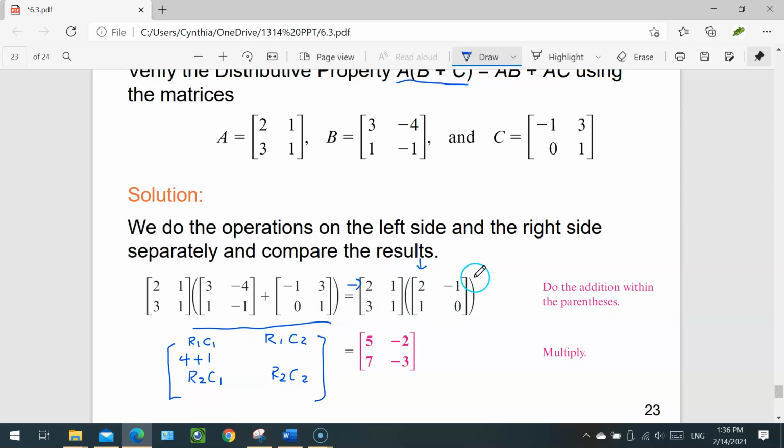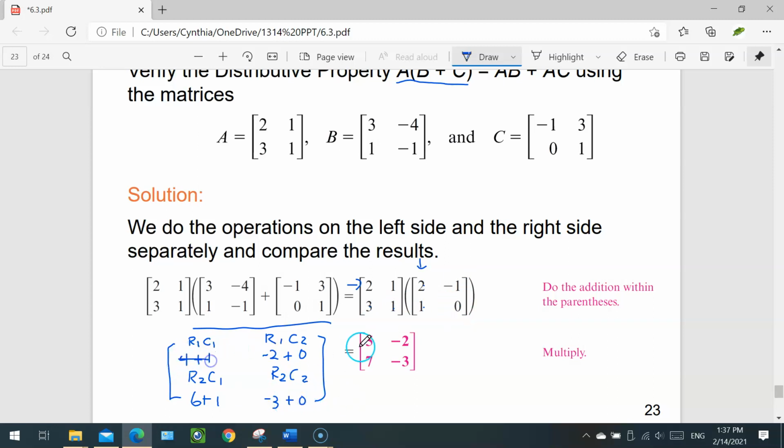Now row 1, column 2: 2 multiplied by -1, you get -2, and 1 multiplied by 0, you get 0. Now row 2, column 1: 3 multiplied by 2, you get 6, plus 1 multiplied by 1, you get 1. Now row 2, column 2: 3 multiplied by -1 is -3, and 1 multiplied by 0 you get 0.